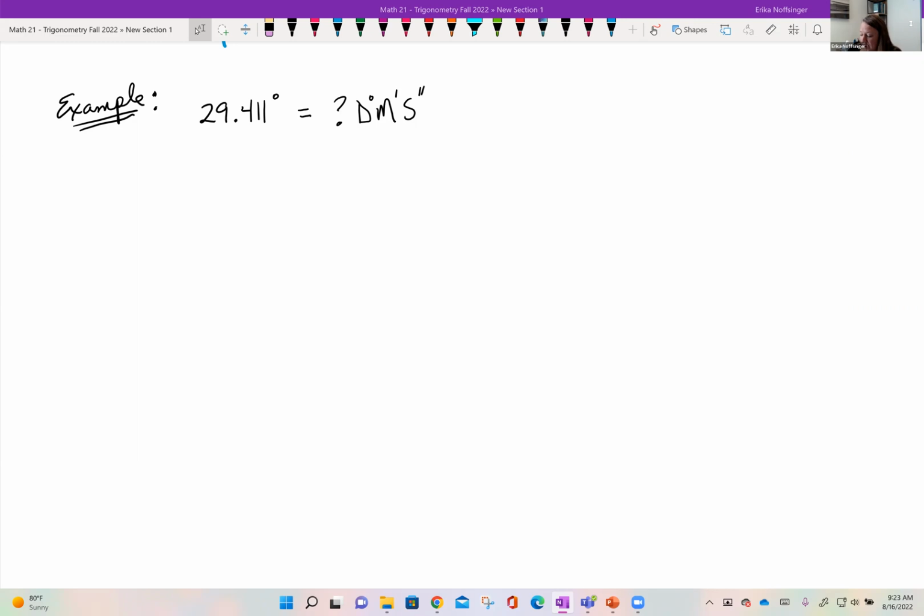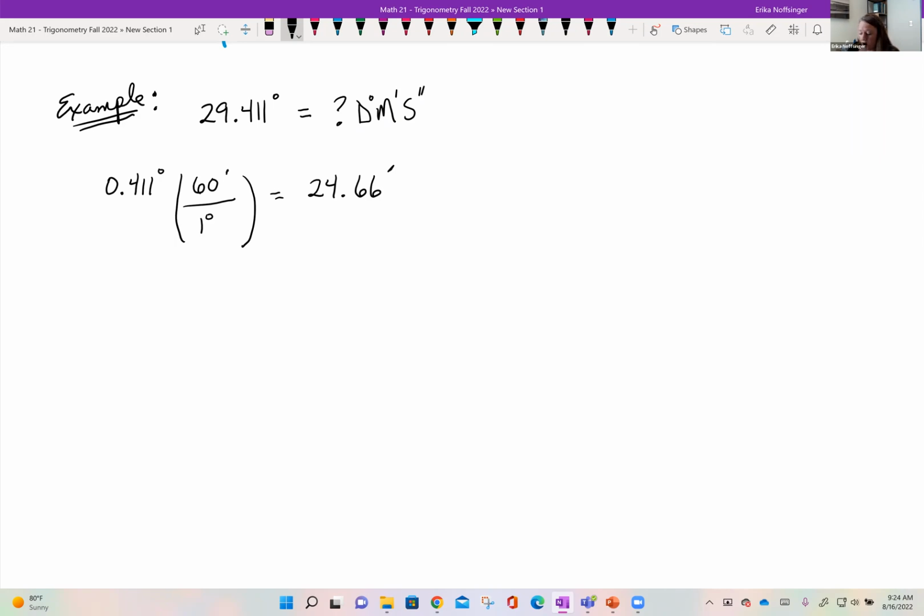So we're looking at the 0.411 degrees, and we multiply that by 60 minutes over 1 degree. Multiplying 60 times 0.411, we get 24.66 minutes.